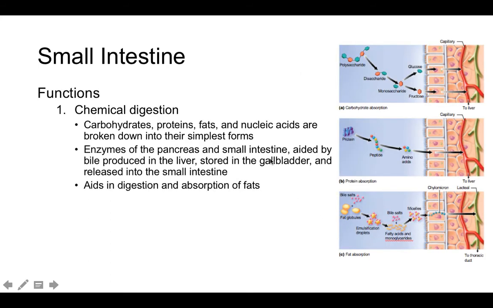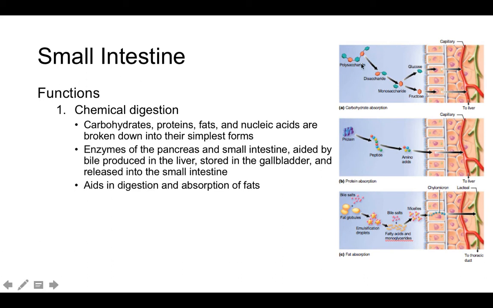The functions of the small intestine are twofold. The first function is chemical digestion. While chemical digestion begins in the stomach, it is continued and finished in the small intestine. Now, chemical digestion breaks down carbohydrates, protein, fats, and nucleic acid into their absolute simplest form.